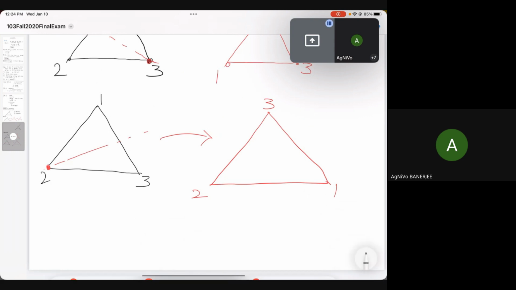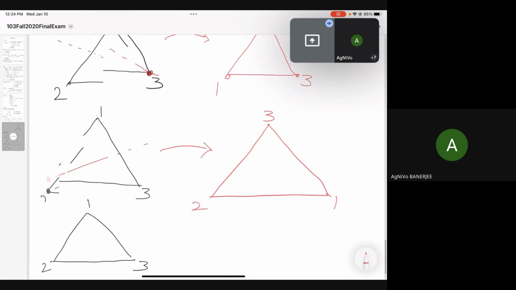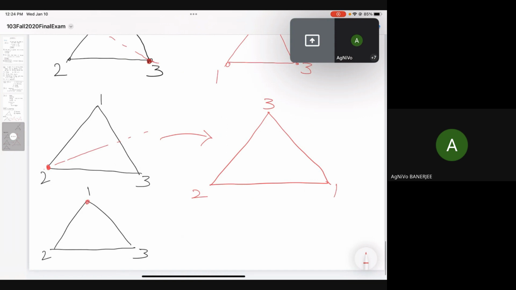And same thing, 1, 2, 3. Let's fix 1 this time. And then draw this and then reflect the other two. So 1 is fixed, 2 becomes 3, 3 becomes 2, right?